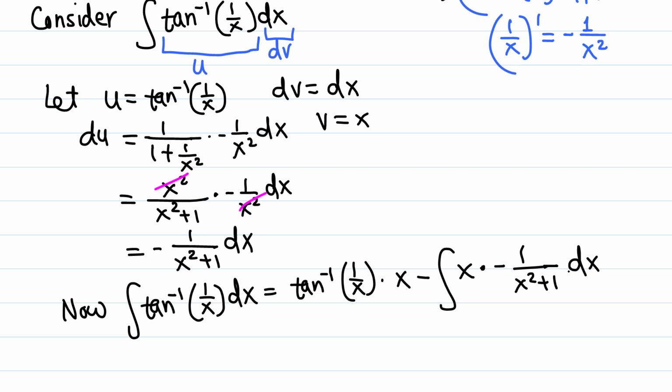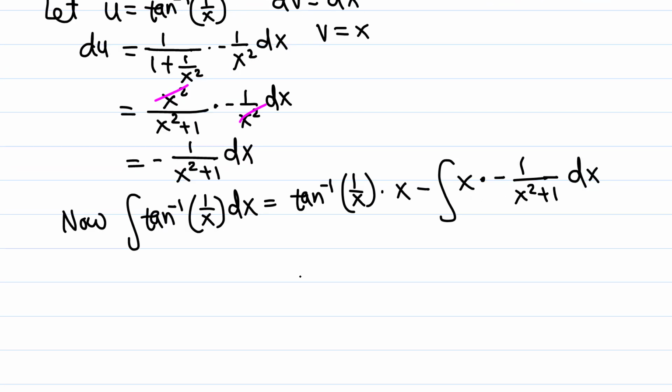Now let's combine this. Do not cancel x and x, because this x is inside the parentheses, meaning it is the argument of tangent inverse. This x can be pulled to the front: x tangent inverse 1 over x.